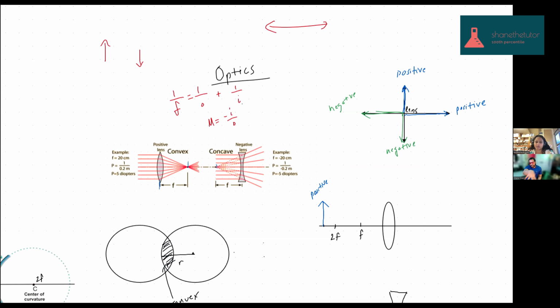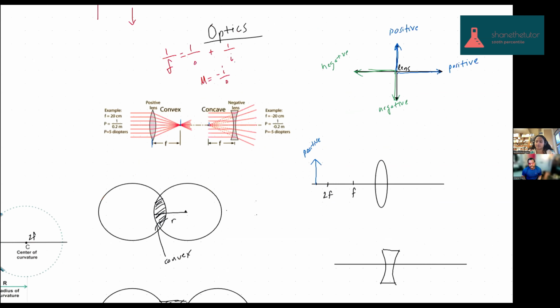But for objects, if they are upright, our convention is that we refer to that as a positive number. And if it's inverted, we say that it's negative. So for this image here, it's a positive image in the sense that it's upright, but it's to the left of the lens, so its object distance will be negative.